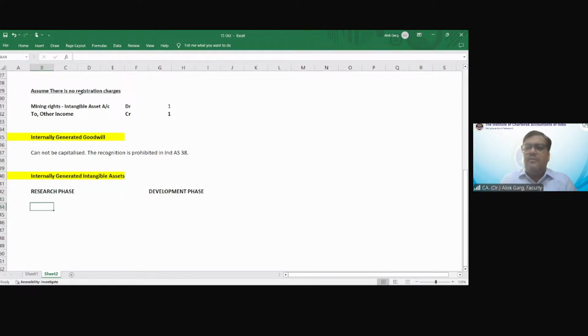Okay. What is the research phase? Research phase is known as acquisition of knowledge. In the research phase, you are acquiring the knowledge. And the development phase is known as application of knowledge.